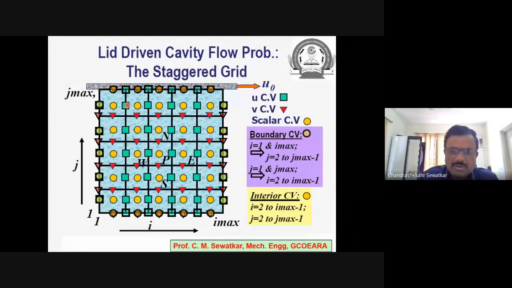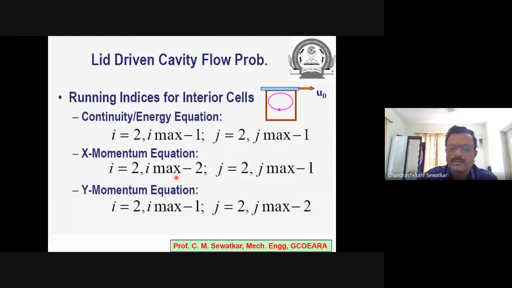So the x momentum equation is solved for green cell centers for which the running indices are I equal to 2 to I max minus 2, and j equal to 2 to j max minus 1. That's written here.